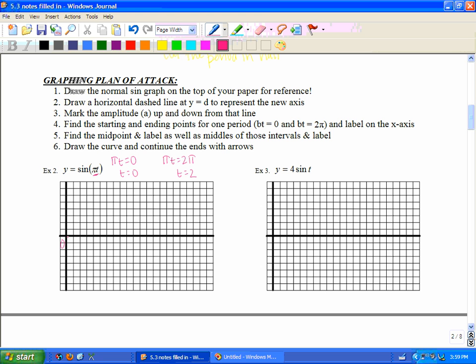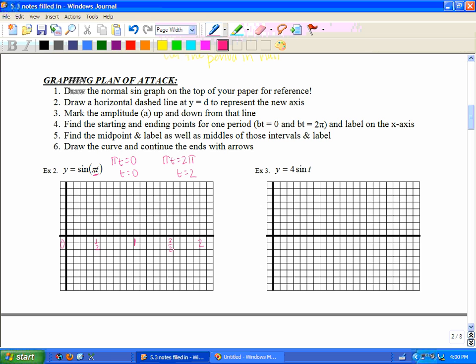So those are going to be our starting and ending points. And then we just need to find the middles. So the midpoint of this is 1. And then half of that is a half. And then half of that would be 3 halves.